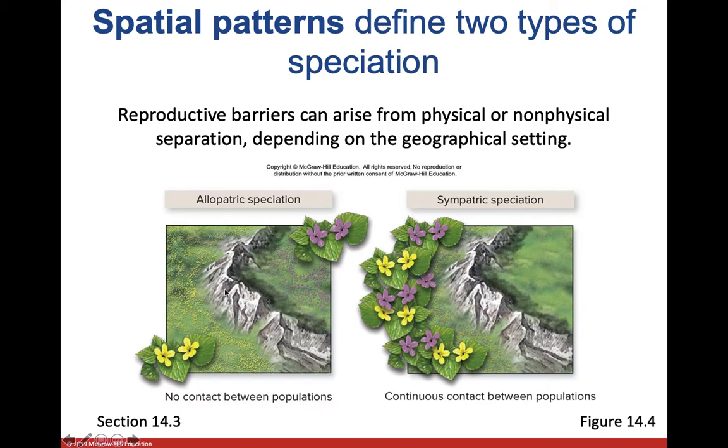Things like mountain ranges or rivers or deserts can separate organisms from one another. It's hard to get over a mountain if you're a plant. If you can't go through the desert without any water, obviously you're not going to be able to get to the other species on the other side to mate with them. So environmental and physical separation is also a thing that can drive speciation.